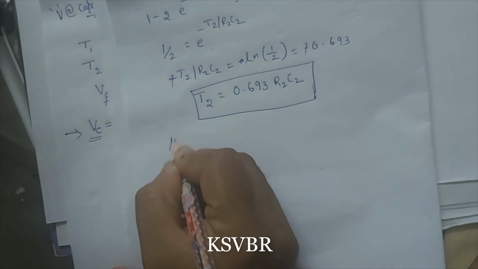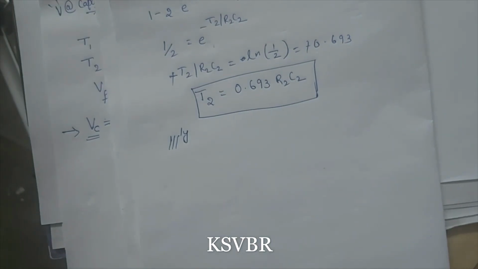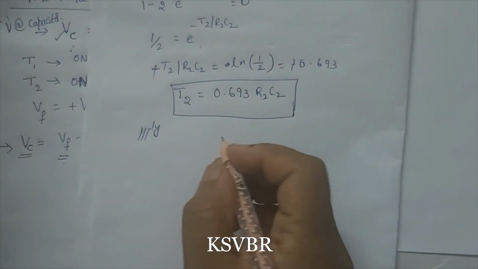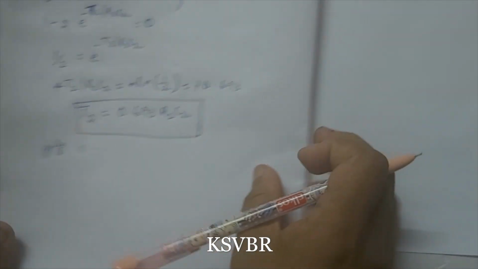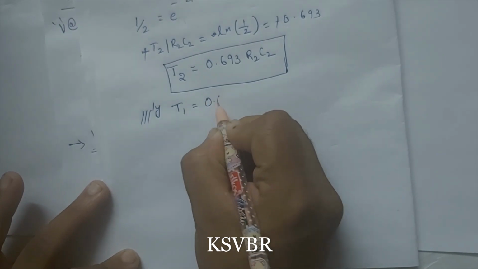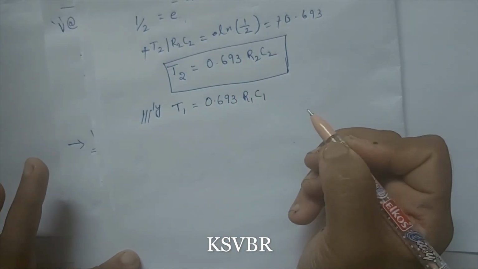Similarly, we can write the same. We have ideal transistors and everything is the same, so we can find T1 in the same way. T1 is equal to 0.693 times R1 C1, since the time constant will be R1 C1.